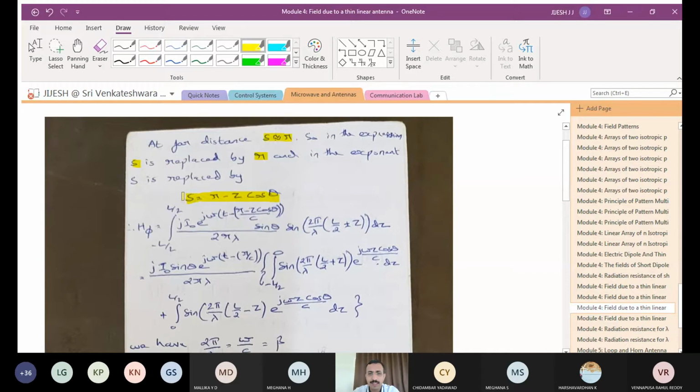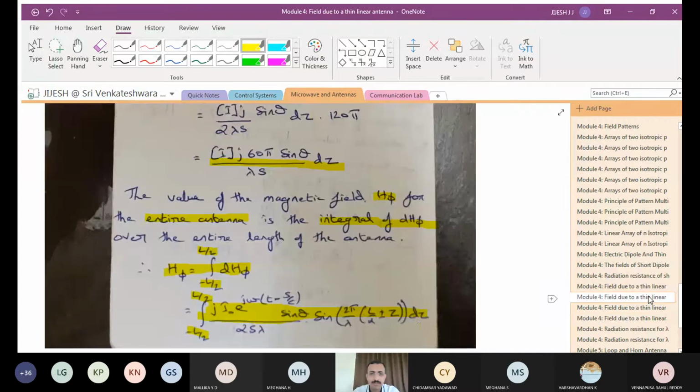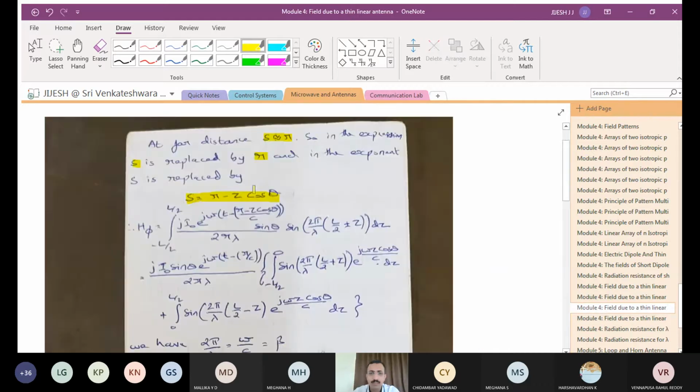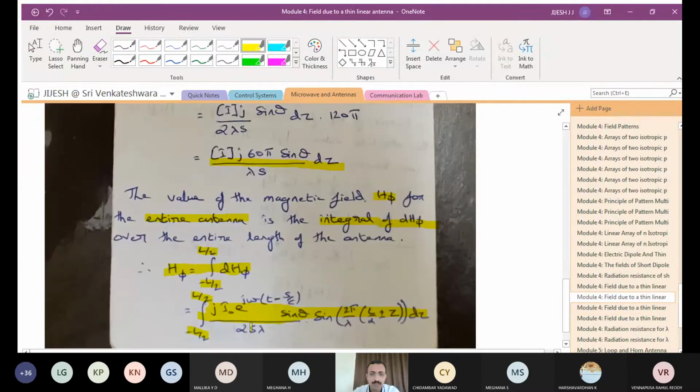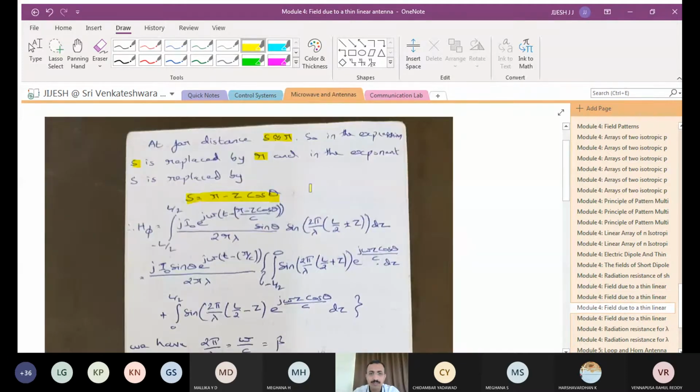So wherever S is there, I am going to replace it by R, and in the exponent S is replaced by R minus Z cos theta. I will just make it clear. See, where the exponential e to the power of is there, the S has to be replaced by R minus Z cos theta, and wherever else S is there, you can replace it by R. So this S will be replaced by R, and this S, where the exponential function is, will be replaced by R minus Z cos theta.